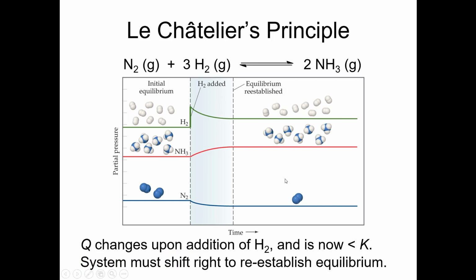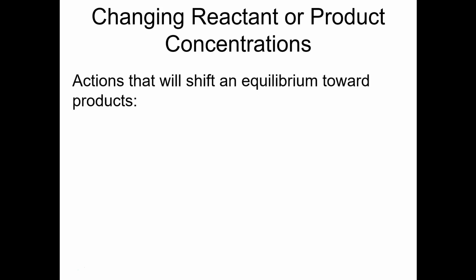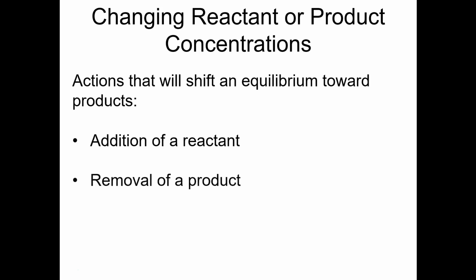We can quickly summarize changes in concentration of reactants and products and what they're going to do in terms of shifting equilibrium in two senses. Let's talk about actions that will shift an equilibrium toward products. That would be either addition of a reactant, which is the one we just looked at with the addition of the hydrogen to that ammonia reaction, or removal of a product.